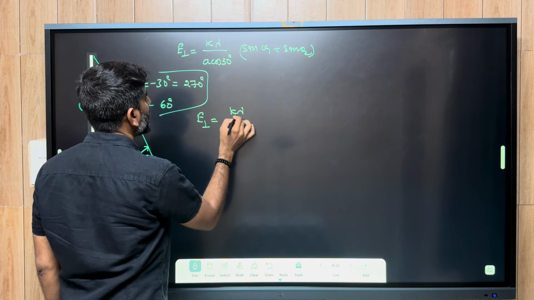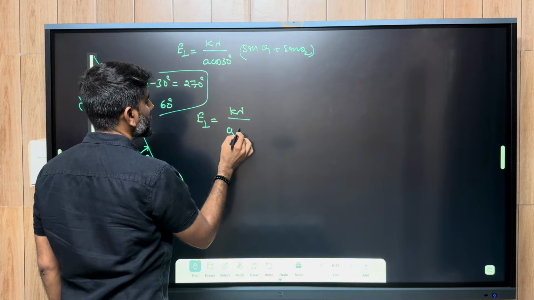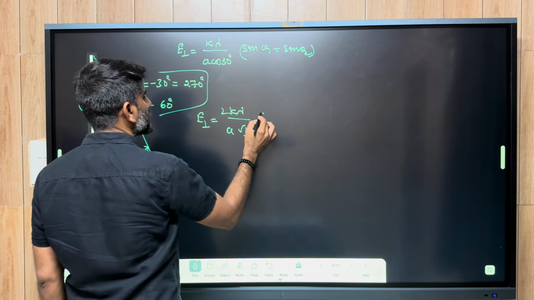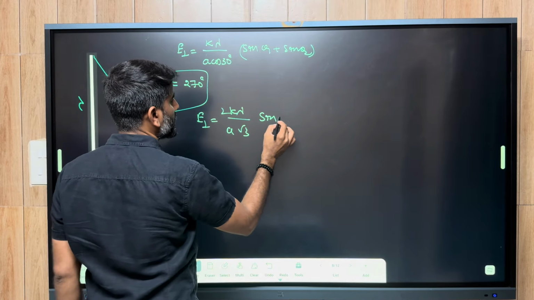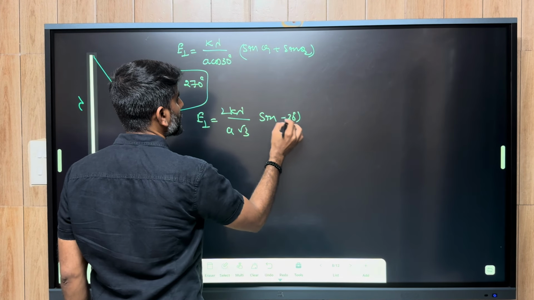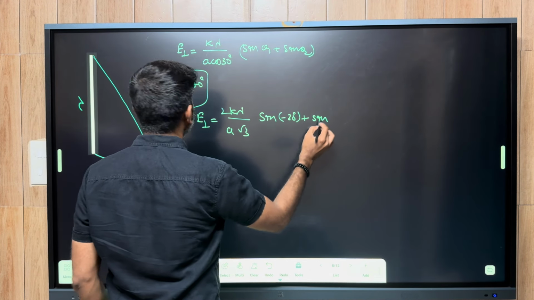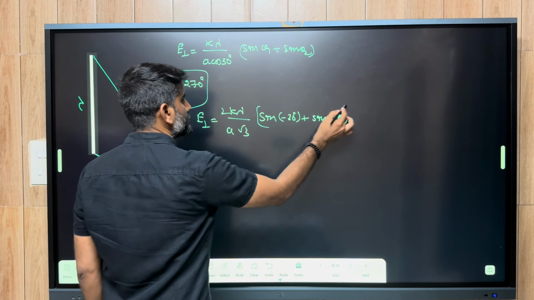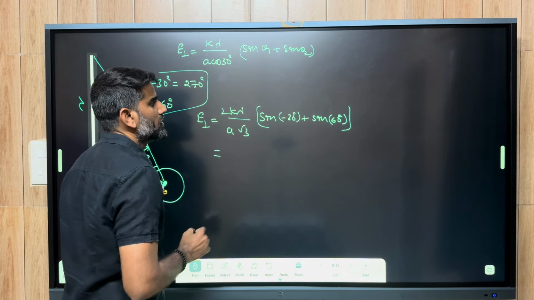E perpendicular is equal to K lambda by a, cos 30 is root 3 by 2, into sin theta 1, which is minus 30 degrees, plus sin theta 2, which is 60 degrees. What am I getting?